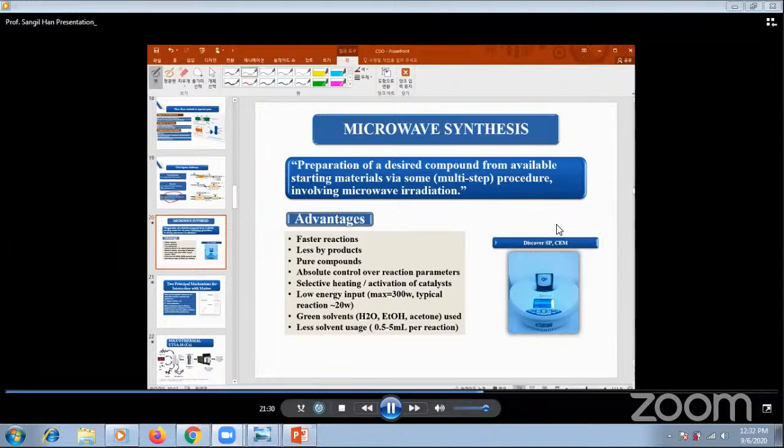That means it provides us a faster reaction. And the produced MOF particles are very uniform. That means the particle sizes are very uniform, and also it has high-quality crystalline structures.